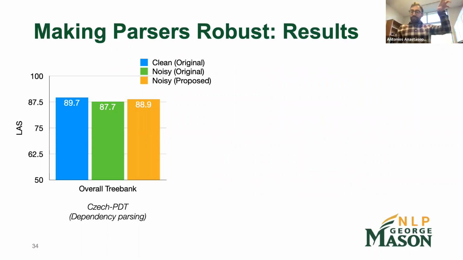But if we use the original parser that's only trained on clean data, and we test it on noisy text, then we have a drop in performance of 2 points, whereas our parser that has been retrained and is more robust has a smaller drop of just 1 point from parsing clean text. So it's still not on par with parsing clean text, but it is better than not doing anything.